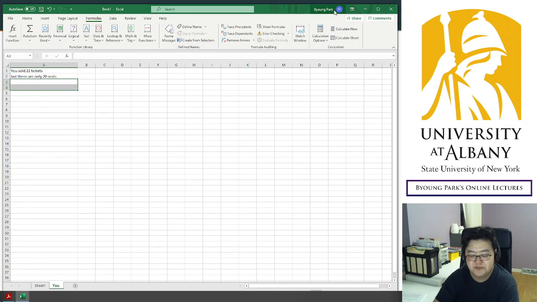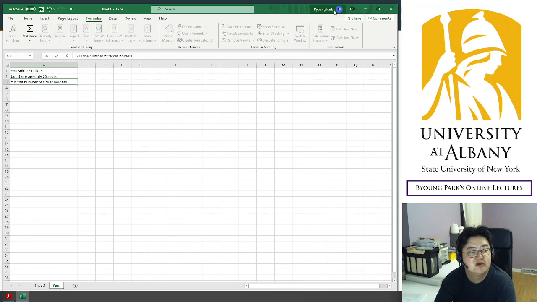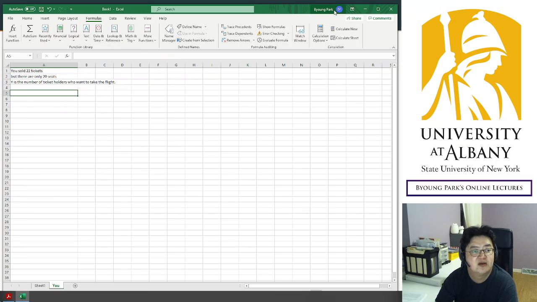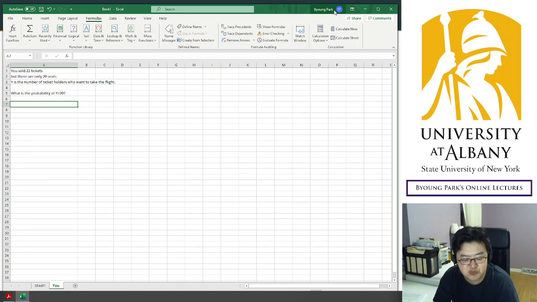Then what is y? Y is the number of ticket holders who want to take the flight. This is exactly what we considered. And then what is the probability of y greater than 20? I am going to calculate this probability.